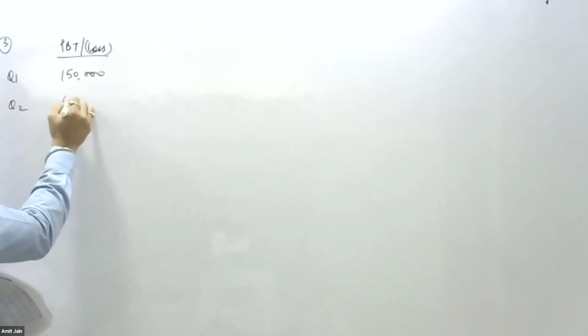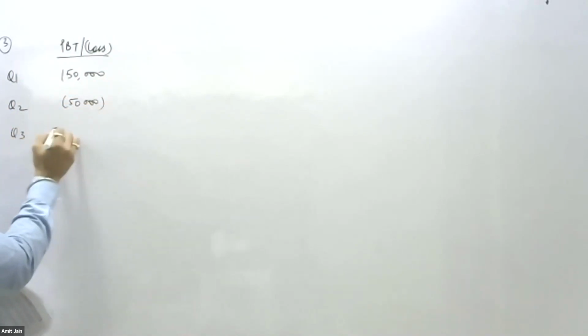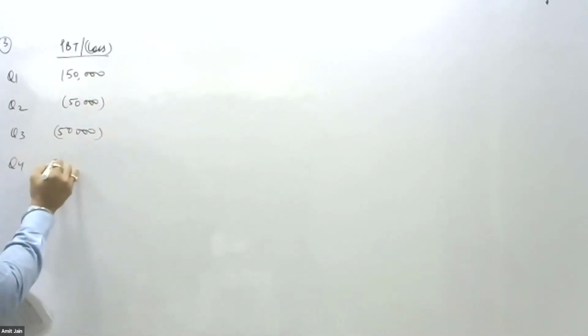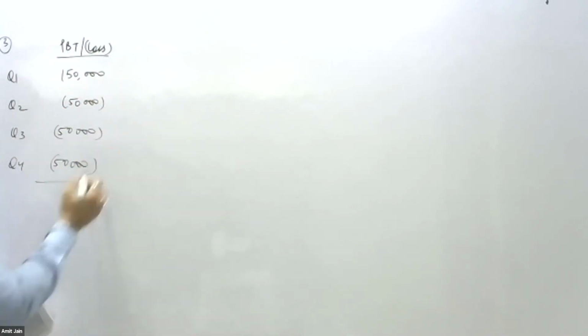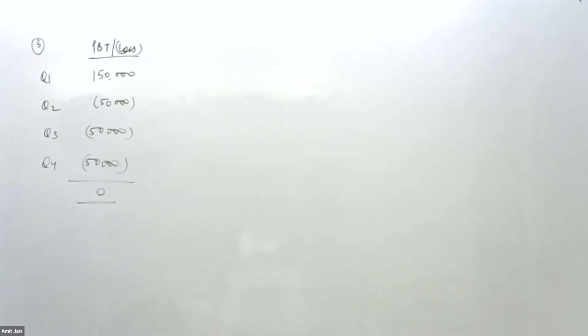Q2 loss of 50,000. Q3 loss of 50,000, and Q4 loss of 50,000, right? That means the total profit is 0. Total profit is 0, right, guys?